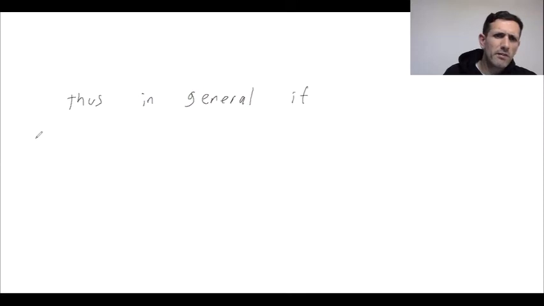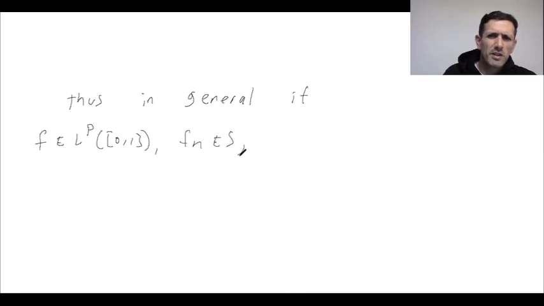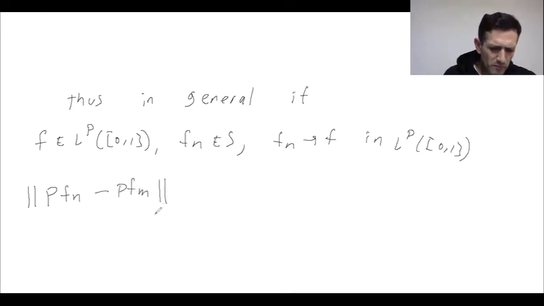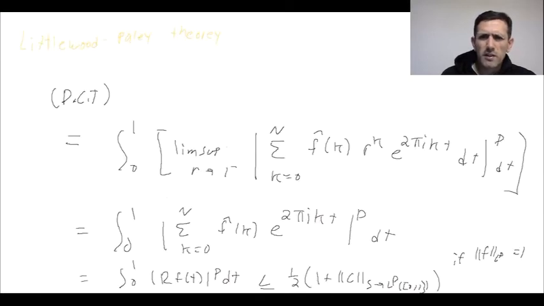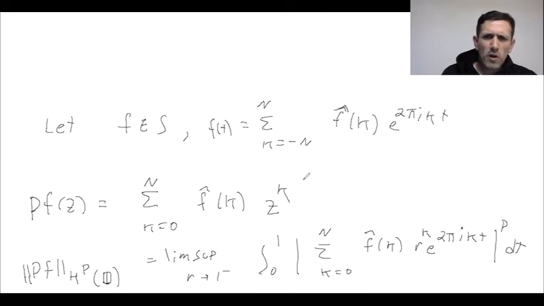Right, so if we have, let's say, f in L^p(0,1), f_n in S, f_n converges to f in L^p, well then we know from what we just proved that, yeah, and I should also just really quickly mention, let's go back a second, that this is definitely holomorphic.